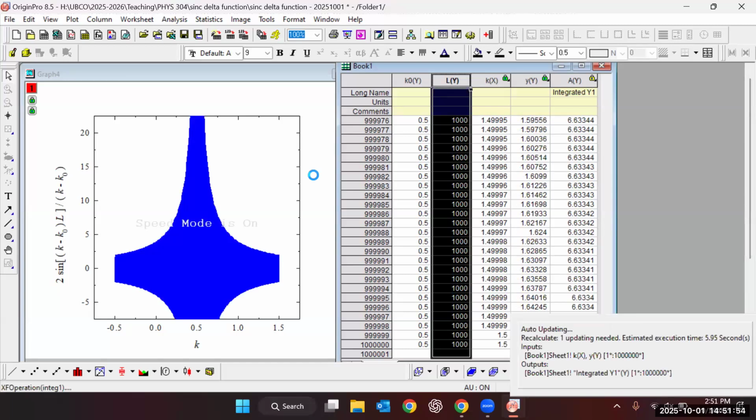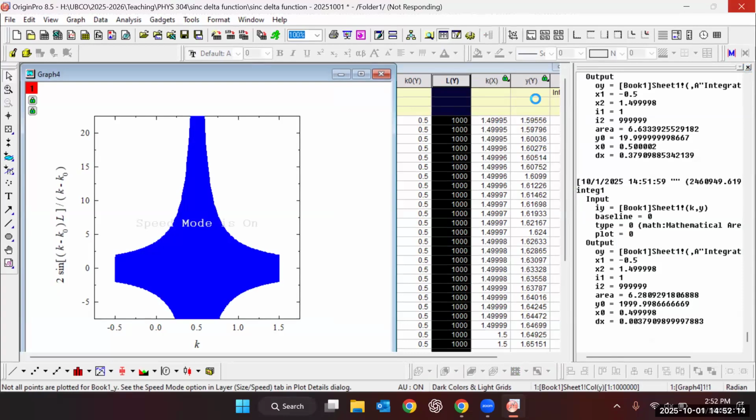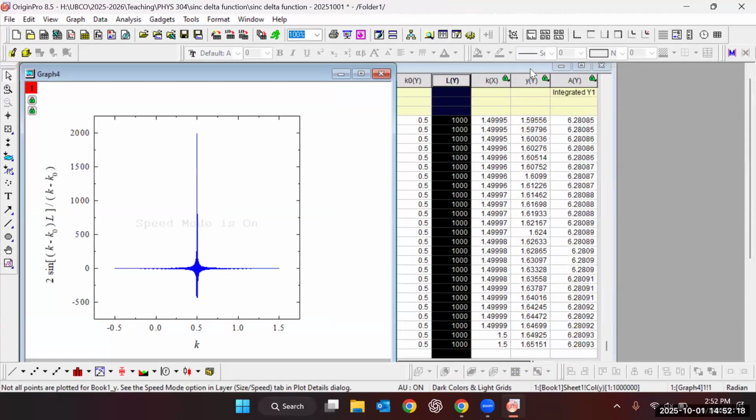Okay, look at that. So now when I make my well bigger, I get tighter and tighter oscillations. It's gone way off the screen, so I have to rescale this. And we'll give it a second to do that. And I also want to see our integral.